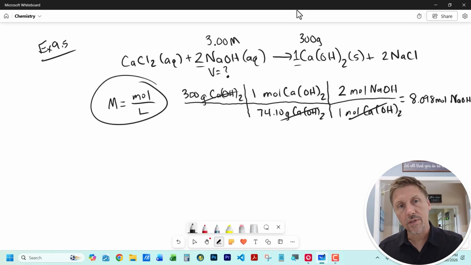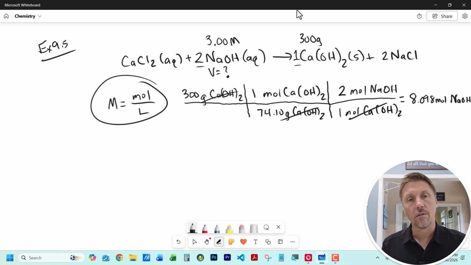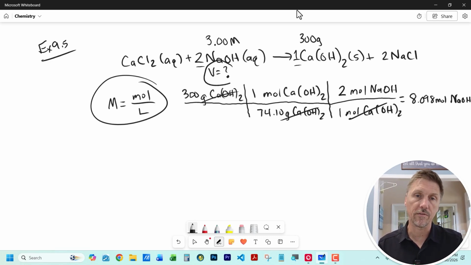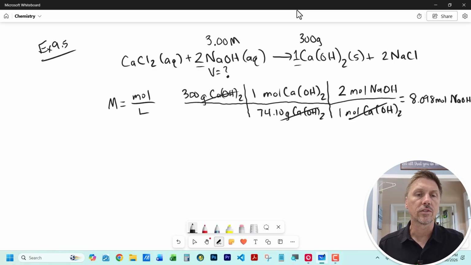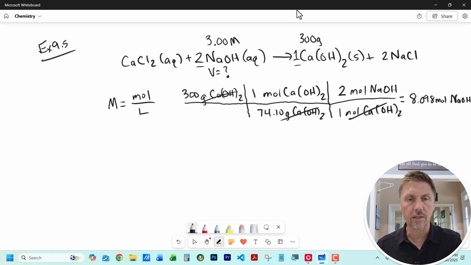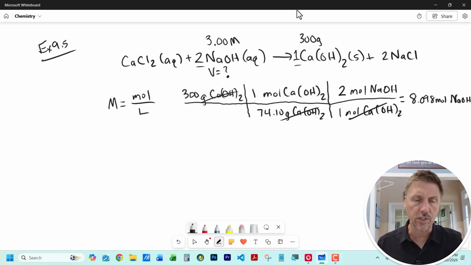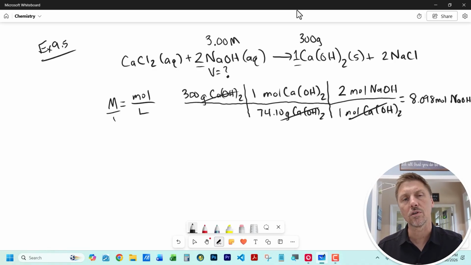Now, we're solving this formula for volume because we're trying to find the volume of it, right? So we're going to rearrange this equation and solve for this L right here, right? That's our volume unit. And if we rearrange it, a couple of ways you can think about it. Most students seem to do best with this if they think about it as cross multiplication.